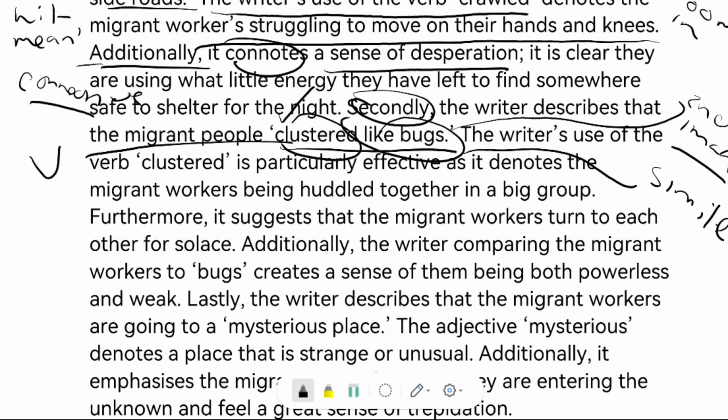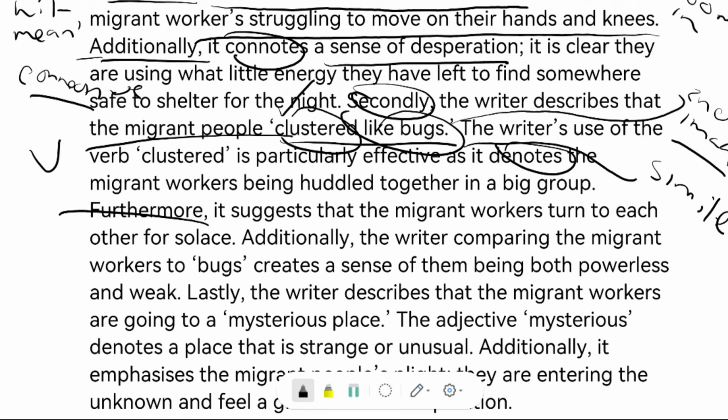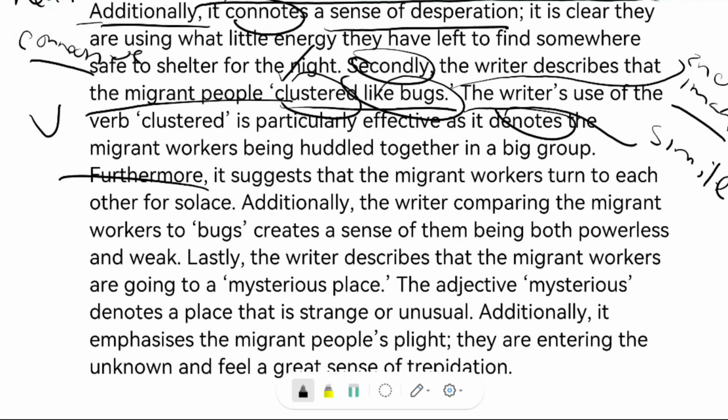So again, I've started with the denotation. The verb "clustered" is particularly effective as it denotes the migrant workers being huddled together in a big group. That is its explicit meaning. Then again, I've used my connective to start my analysis off with. It suggests that the migrant workers turn to each other for solace.